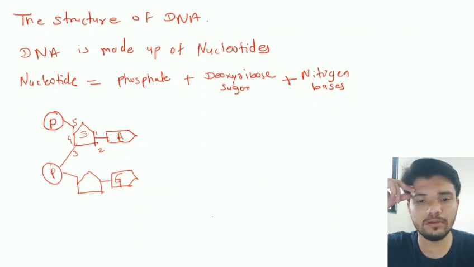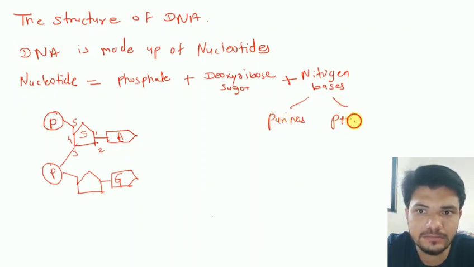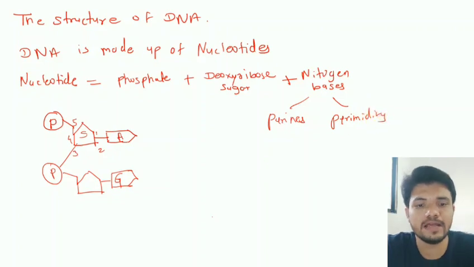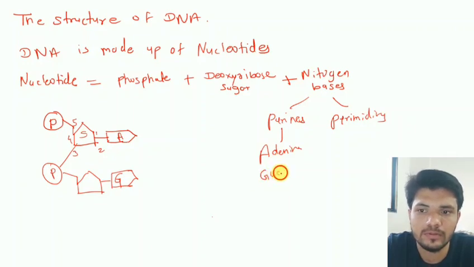Let me tell you something about the nitrogen bases. Nitrogen bases are of two types, purines and pyrimidines. Purines are adenine and guanine, and pyrimidines are cytosine and thymine.